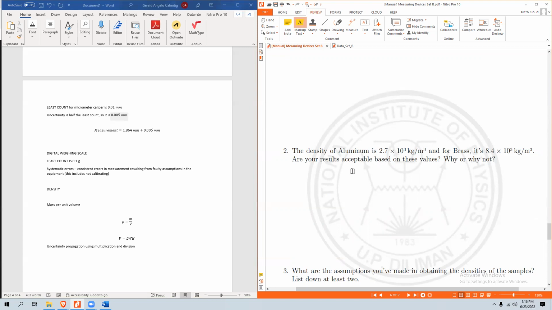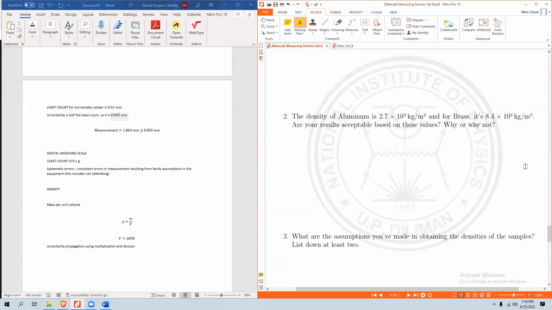However, maging acceptable ba ang results based on your calculations? So, makita natin, how do you compare this theoretical value with the calculated value you have? So, you can use yung deviation from the first experiment to do that. And deviation and percent error, pwede parehas.